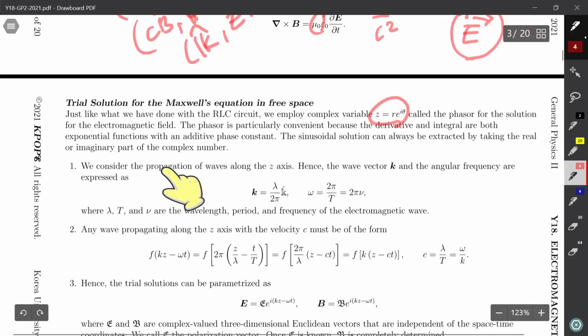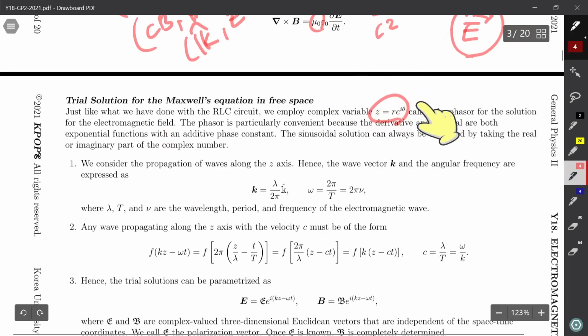Therefore, the complex exponential e to the i theta style applies. The phasor is particularly convenient because the derivative and integral are both exponential functions with an additive phase constant. The sinusoidal function can always be extracted by taking the real or imaginary part of the complex number.